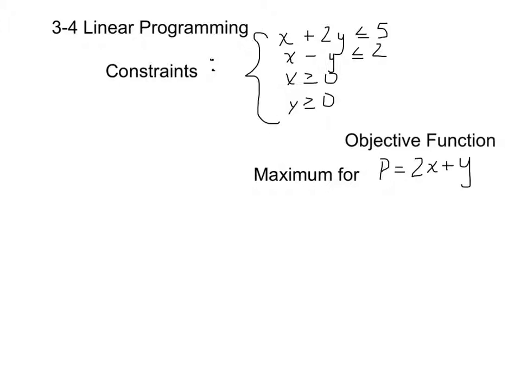So the first thing you have to do is graph all of your constraints, and you want to make sure that they're all in slope-intercept form. So for the first one, we have to subtract x and then divide everything by 2.